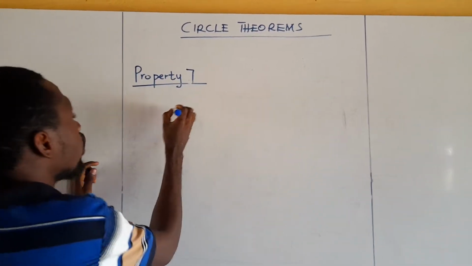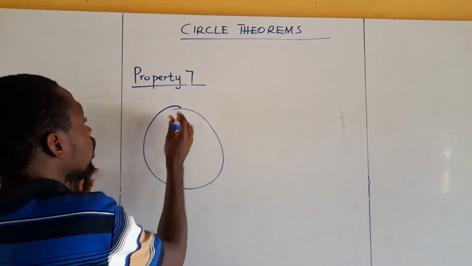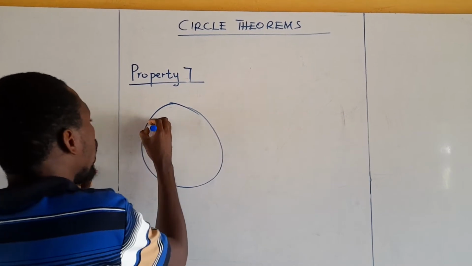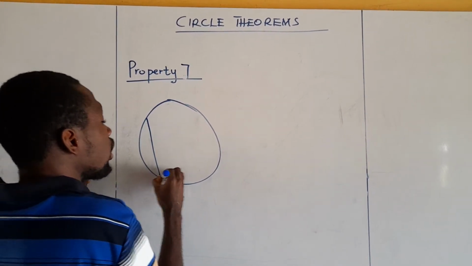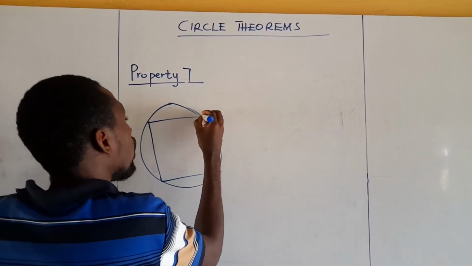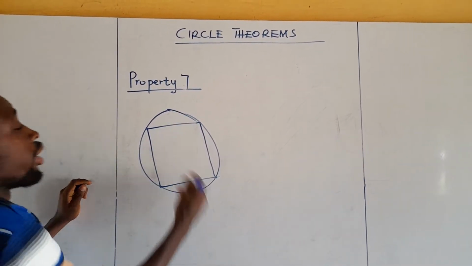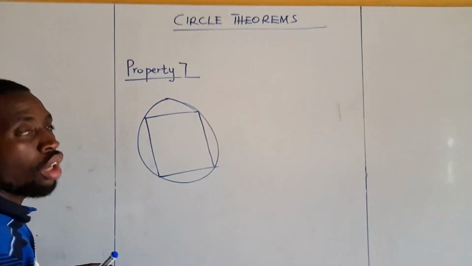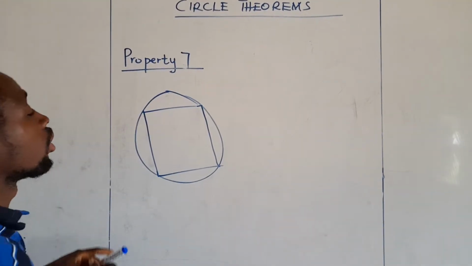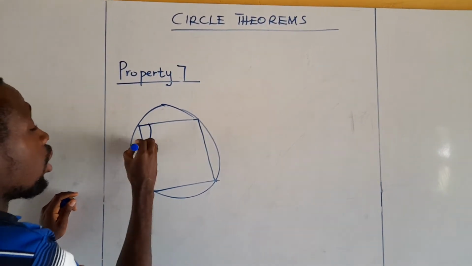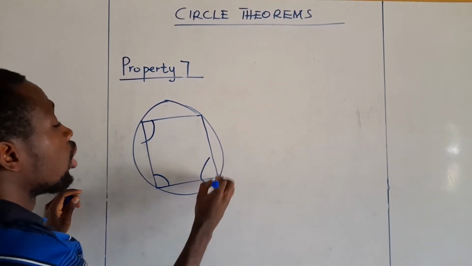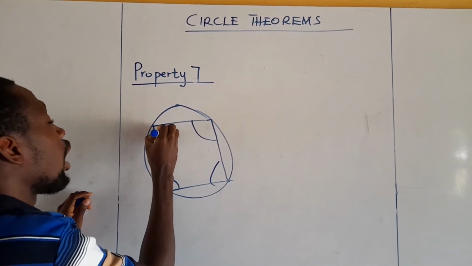For instance, if we have a circle like this and we have a quadrilateral touching the circle in this way, then we say this quadrilateral is a cyclic quadrilateral as far as it's in the circle. Then the opposite angles they make add up to 180 degrees.